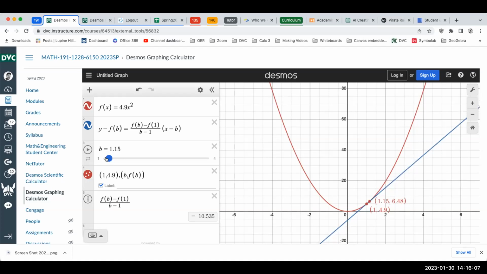It's getting closer and closer to about 10 point something. You're not going to do that in this class, but I'm just showing you what you're going to do when you first start a calculus class. But right now, all you need to know is how to compute an average rate of change at two different x values. Okay.